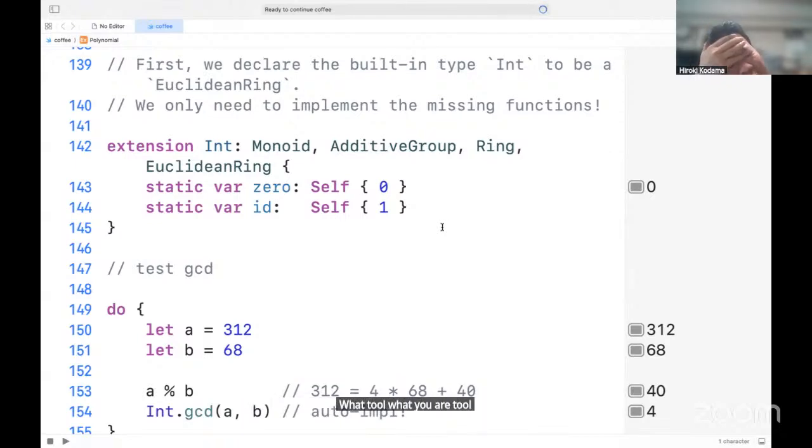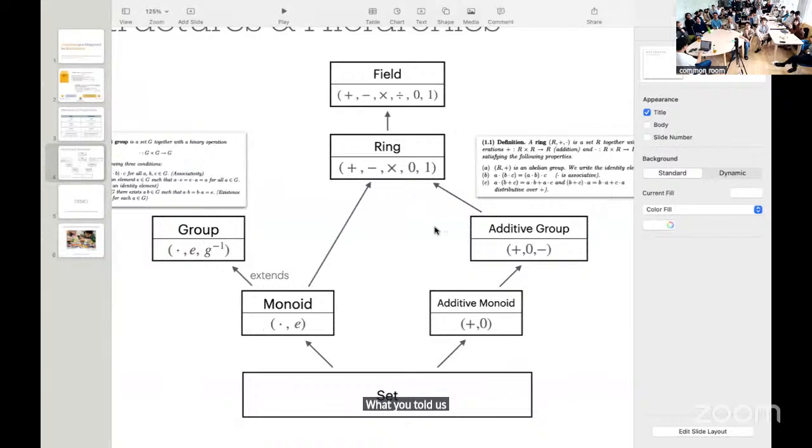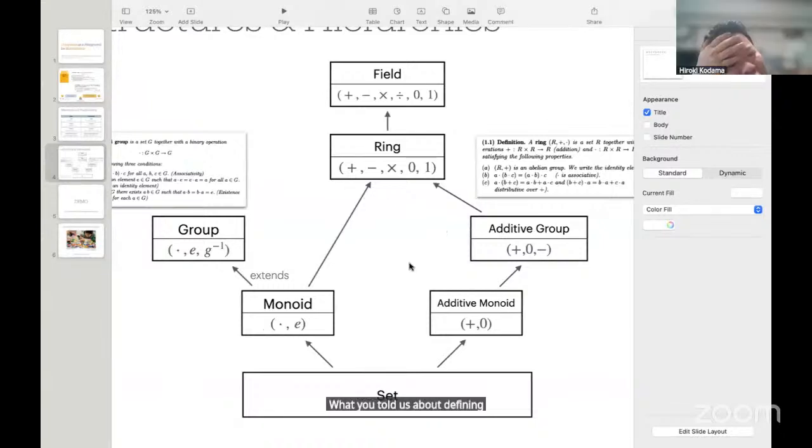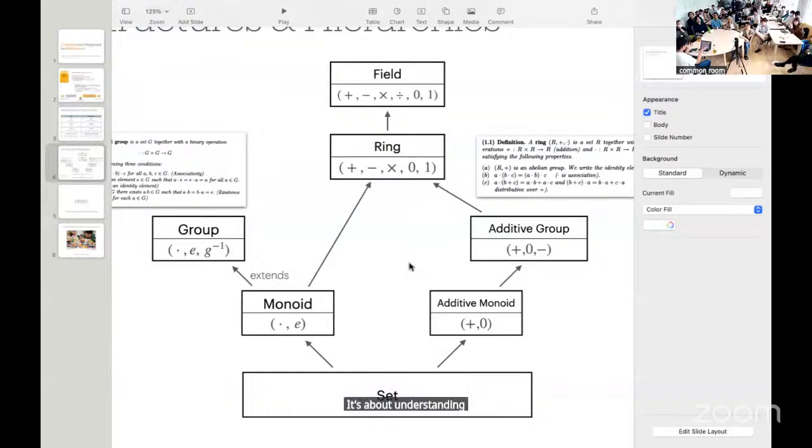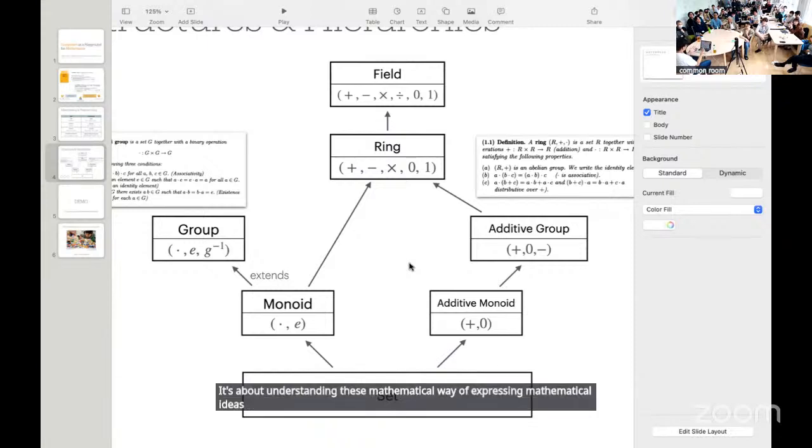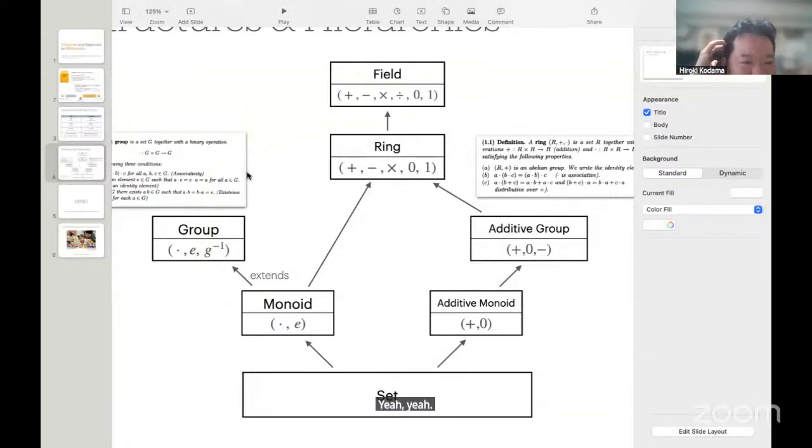What you told was about defining new types, so it's about expressing mathematical ideas from a more programming perspective. If there is a definition, we can write down a type, even in Python, for example.